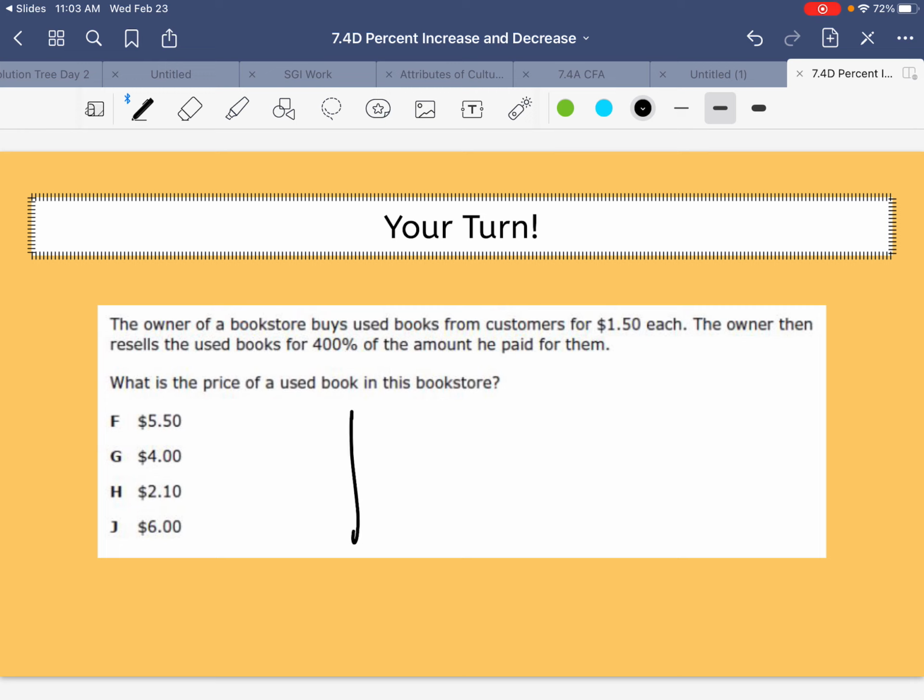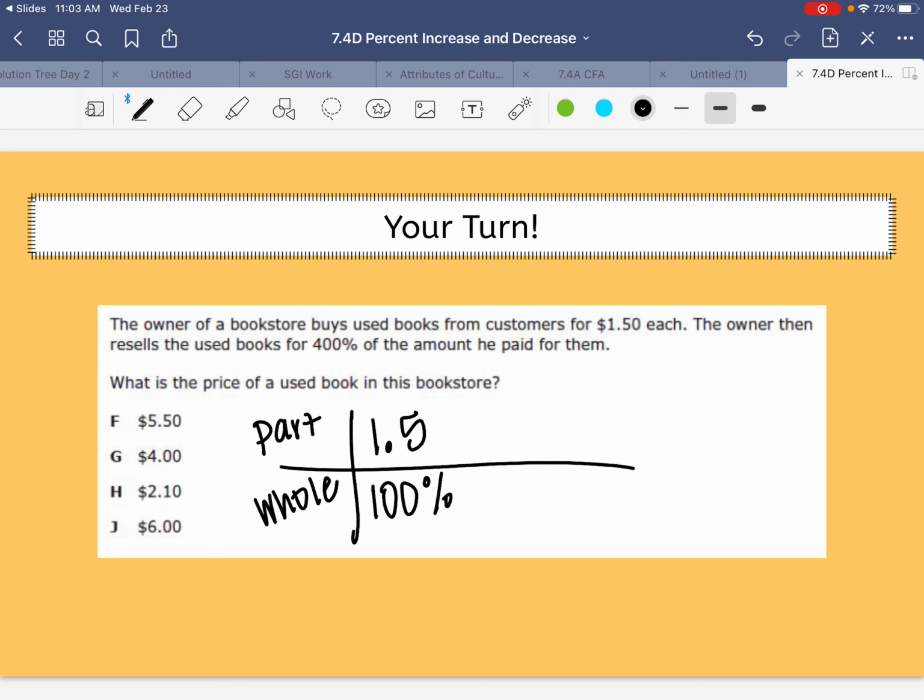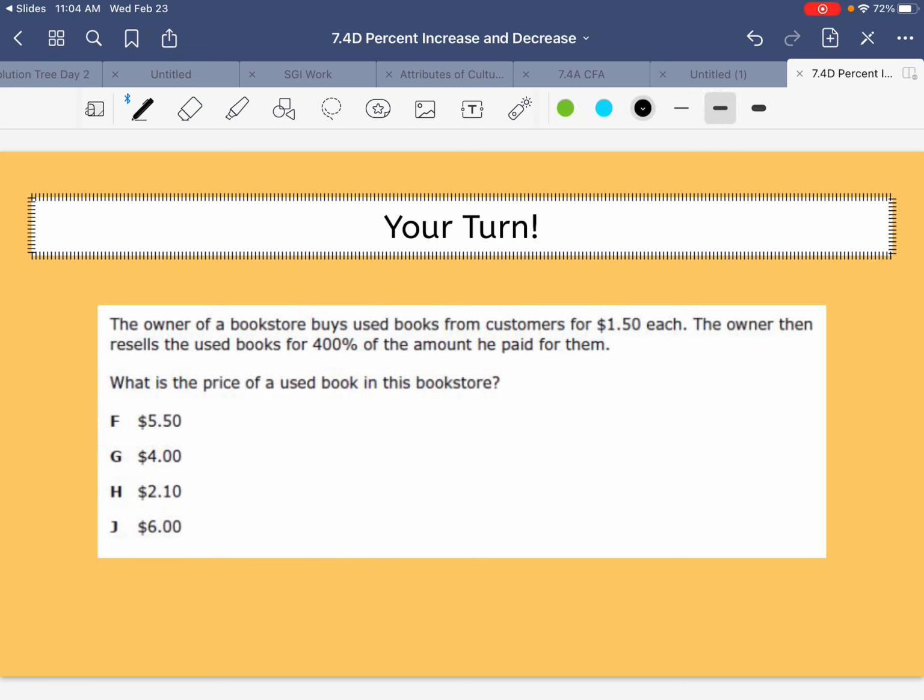So if you applied our previous strategy of setting up part and whole relationships, I know that 100% is shown by 1.5. Actually, I'm going to set this up a different way real quick.